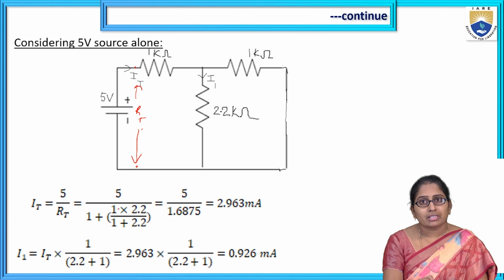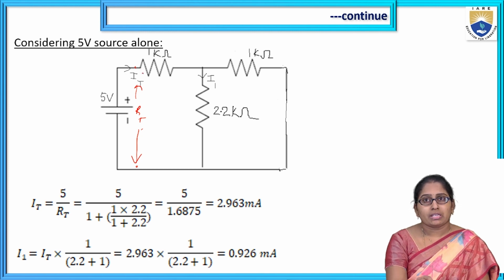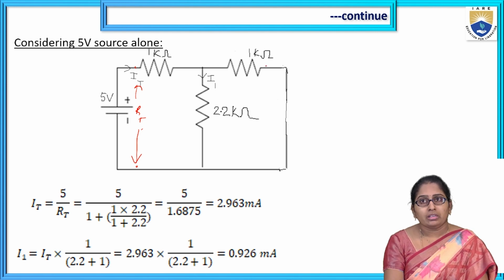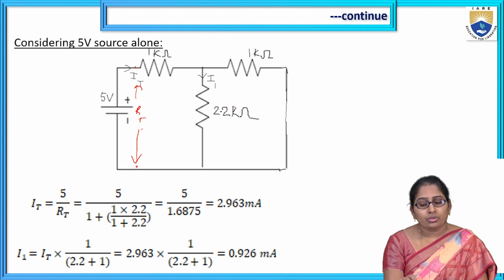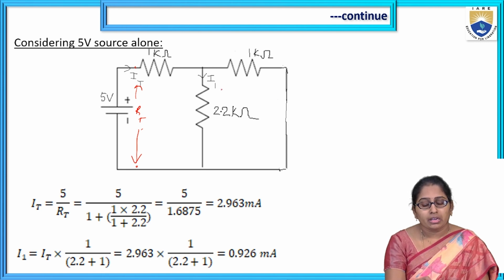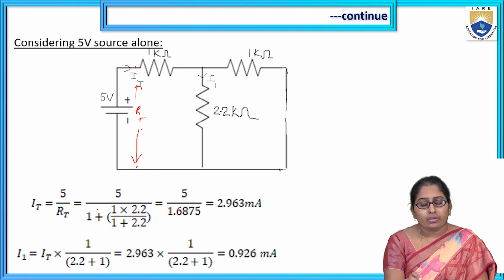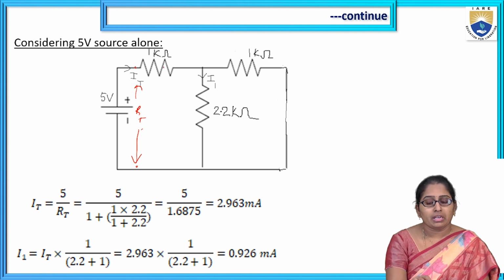Here RT is given by the total resistance available across this supply. So how to find it? I start from the opposite side. The 1K and 2.2K are in parallel, and the resultant of these two will be in series with the 1K.